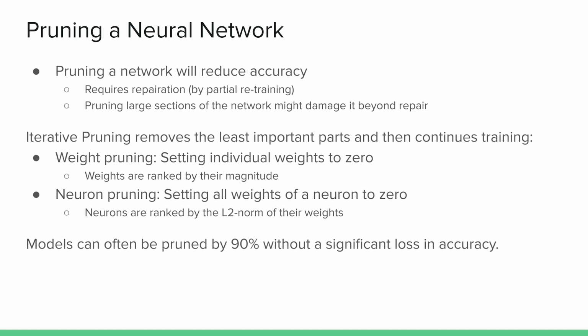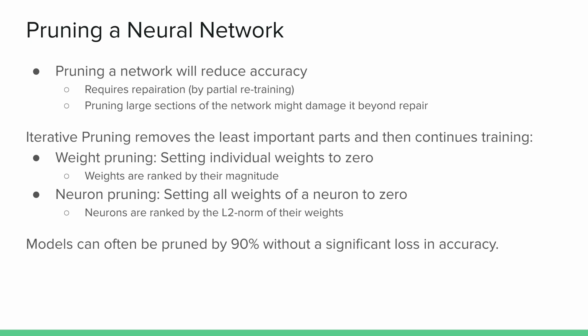Similarly, you can remove neurons that contribute the least by summing over the magnitude of all their different weights, and then ranking the neurons and removing those that have the smallest L2 norm of the weights. By just setting them to 0, you can disable that neuron without actually changing the architecture.